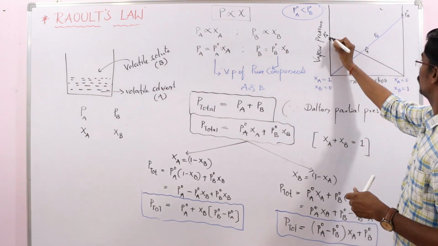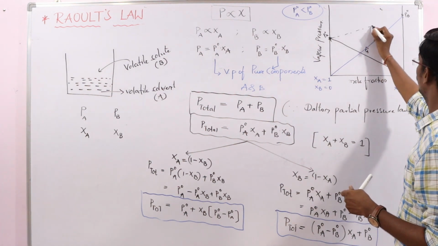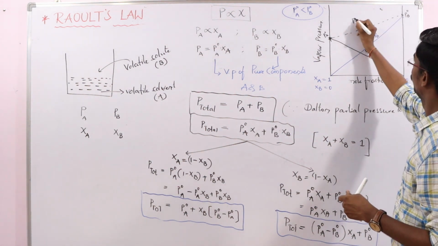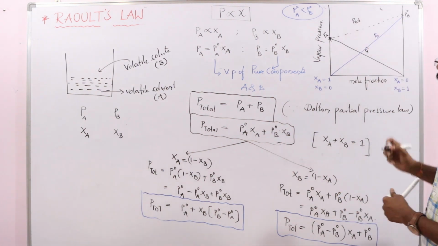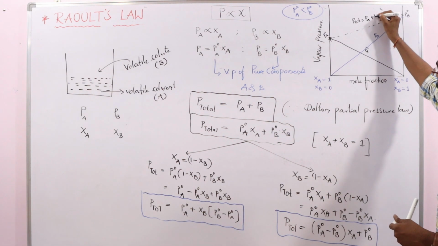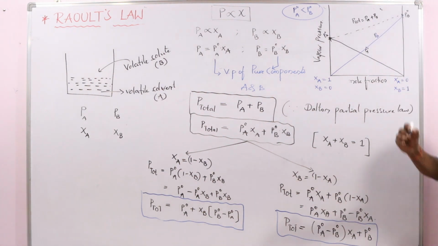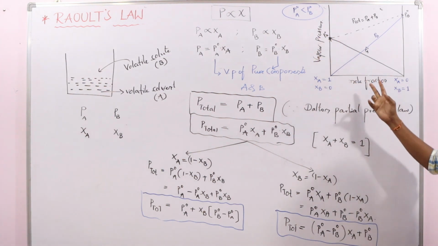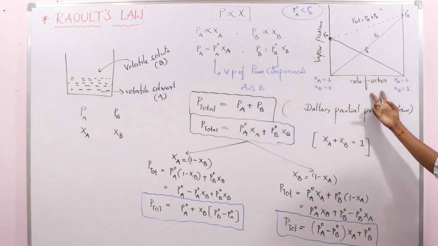If I join these two, it gives P total. What is P total? P total is equal to PA plus PB. So this is the graphical representation between the vapor pressure and the mole fraction of components.